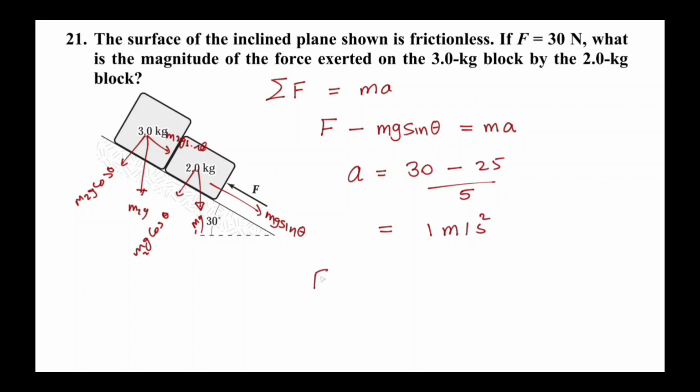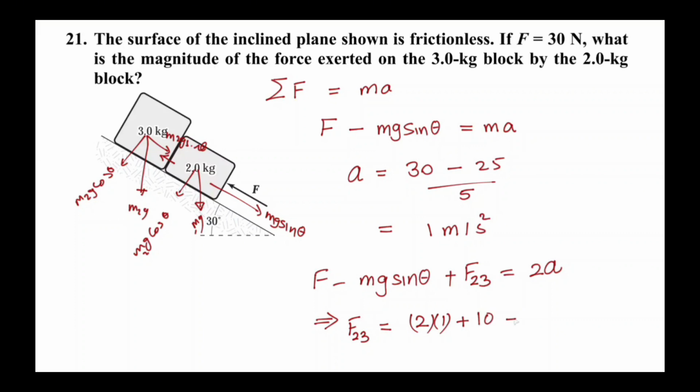In this case, F minus mg sine theta plus F2 on 3 equals 2a. So F2 on 3 equals 2 times 1, the acceleration is 1, plus 10, because the mass equals 2, and g equals 10, sine theta is equal to half, so it's just 10, minus 30 newtons, which is the magnitude for F. So in total, it's equal to 18 newtons.